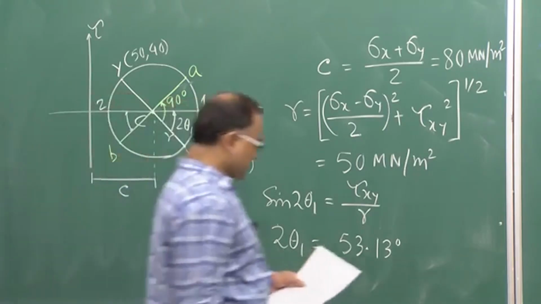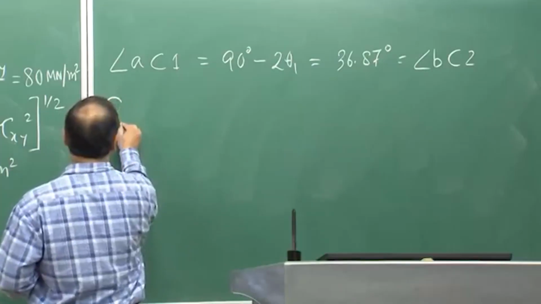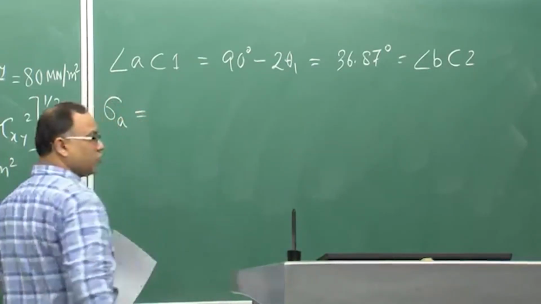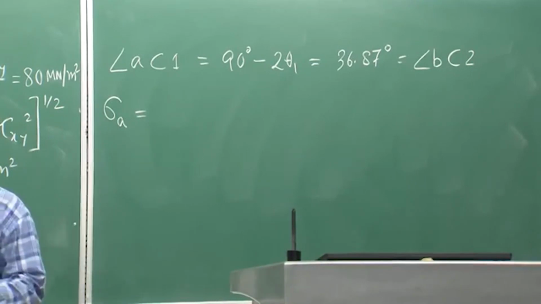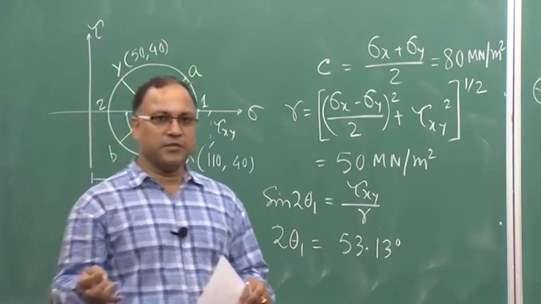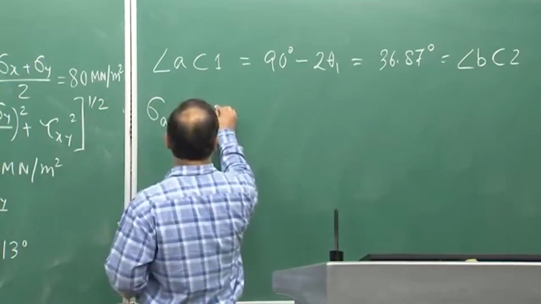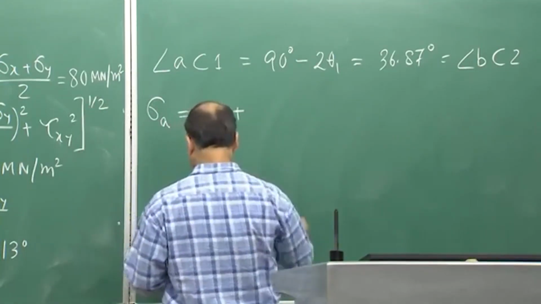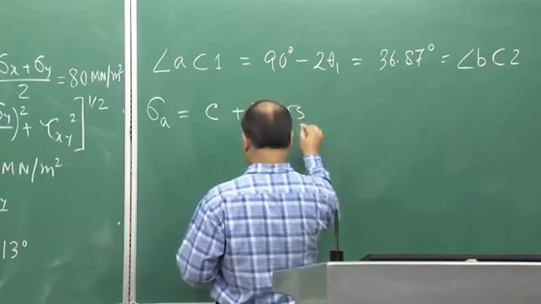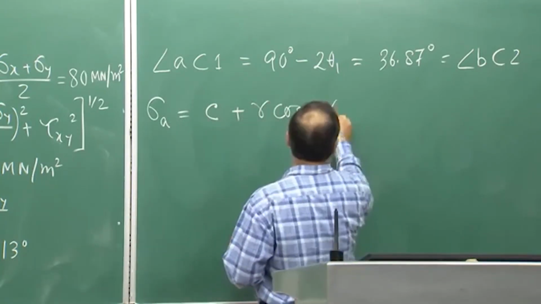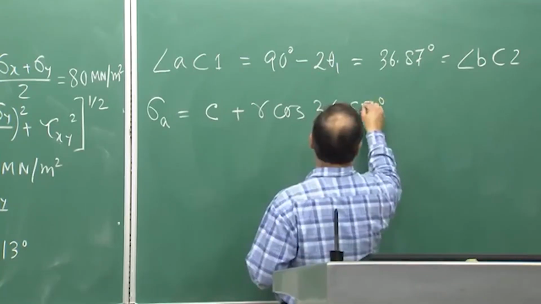Okay. So, from this I can get the stress components in the AB coordinate system, that means the arbitrary set of coordinate system. Sigma A is nothing but C plus R cos 36.87 degree.